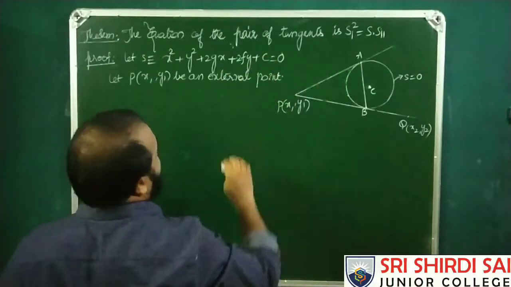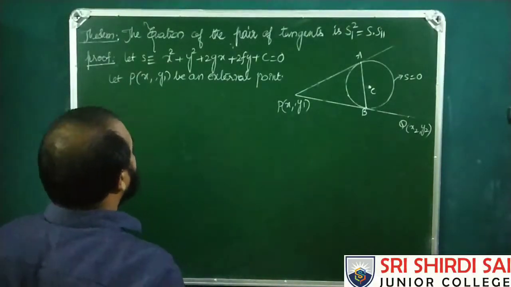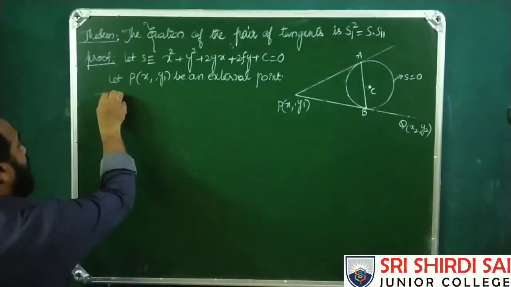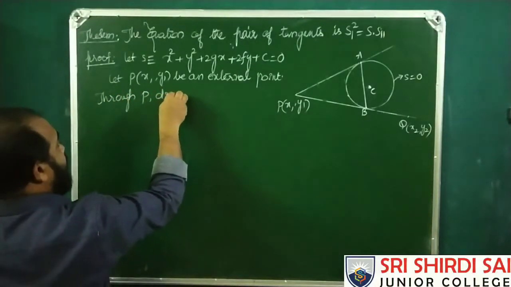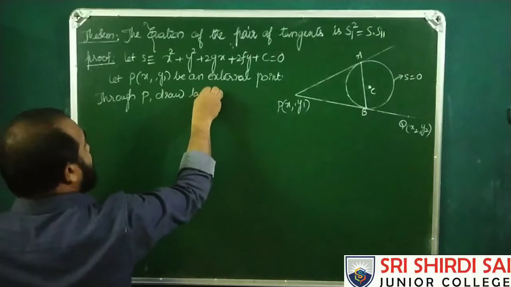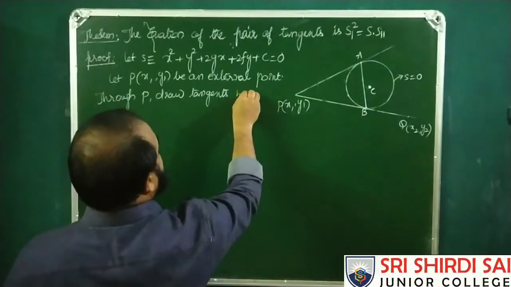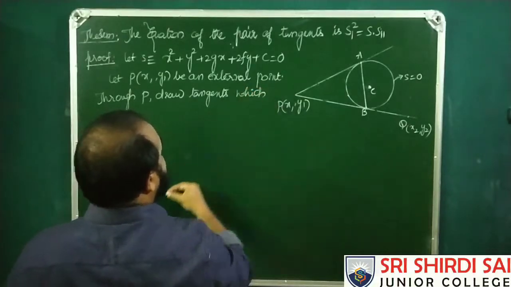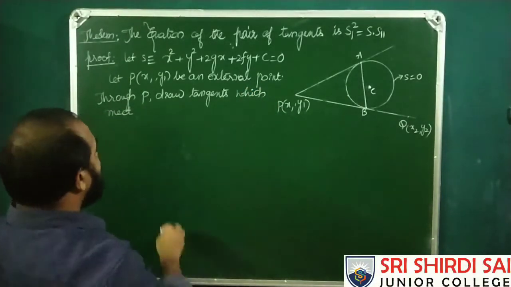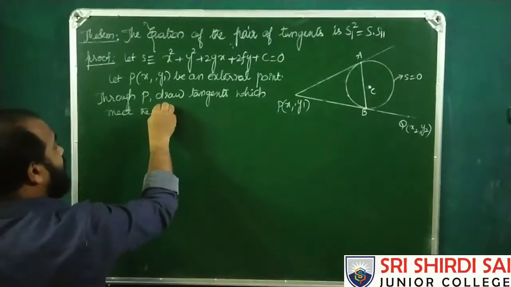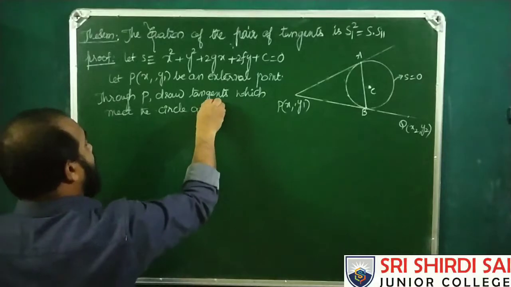Through P draw tangents which meet the circle at A and B.